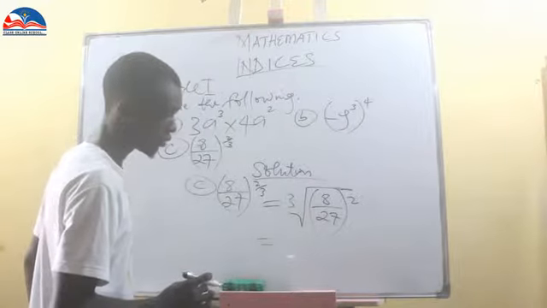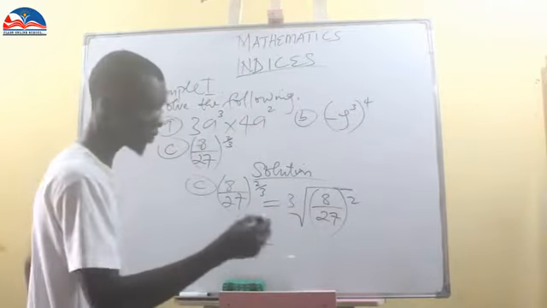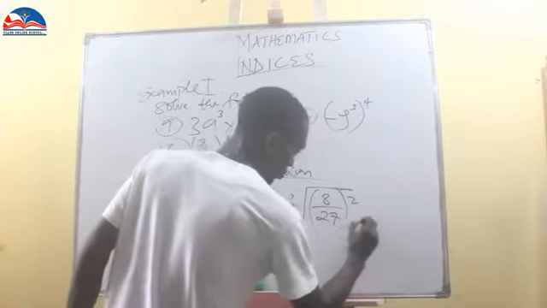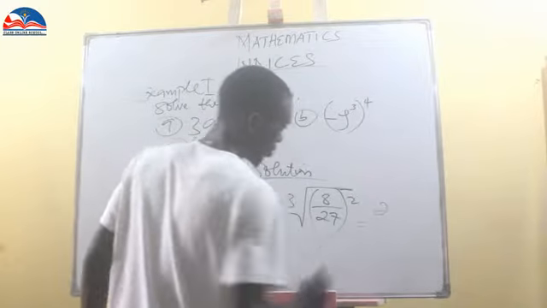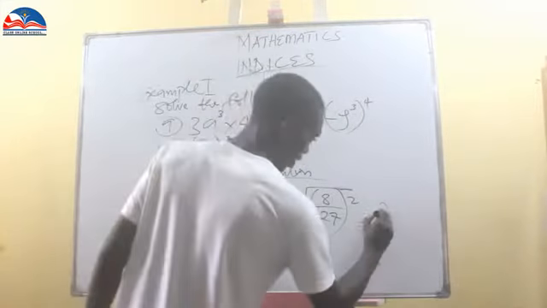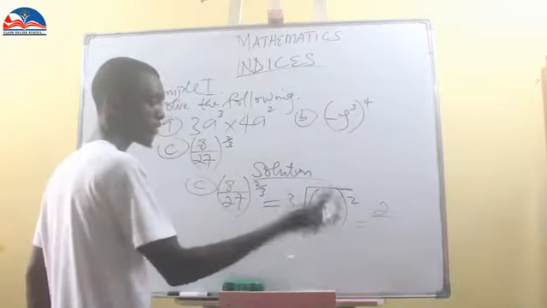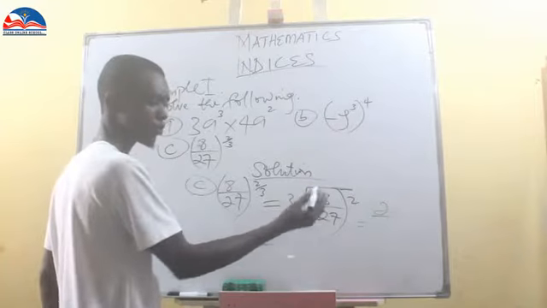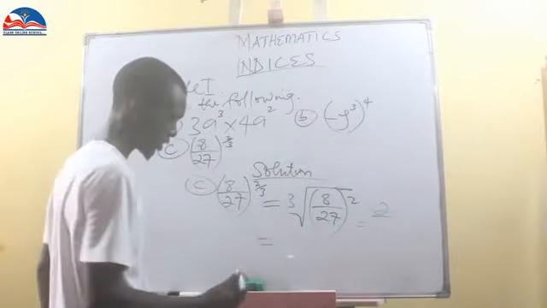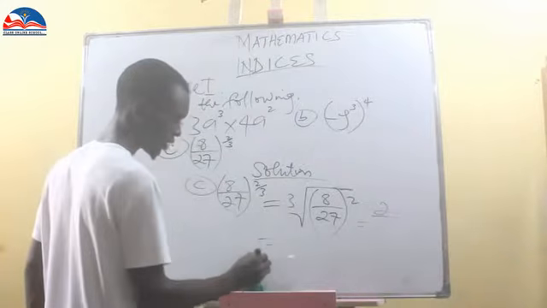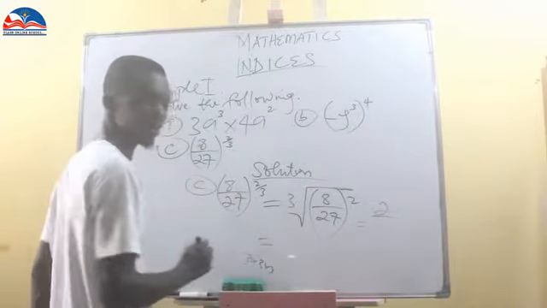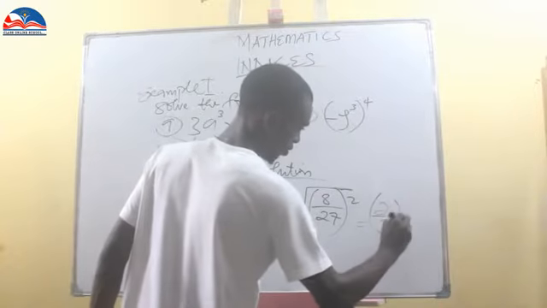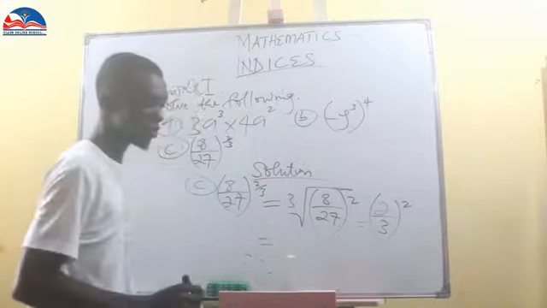To give us 8, we have 2 times 2 times 2, so it's 2. That is what is meant by the cube root. What multiplies itself 3 times to give 27? 3 times 3 is 9, and 9 times 3 is 27. So we have 3 here, all index 2.